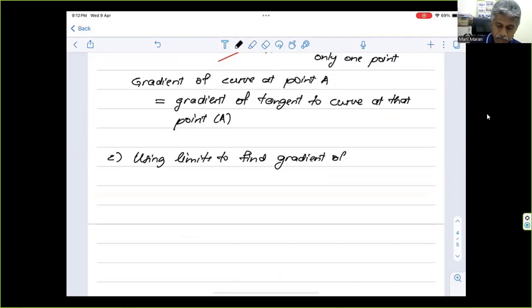So we are going to learn how to use limits. Limit in Bahasa Malaysia is had. Using limits to find the gradient, keturunan, of a curve at a particular point. Okay, so that is what we are going to learn.